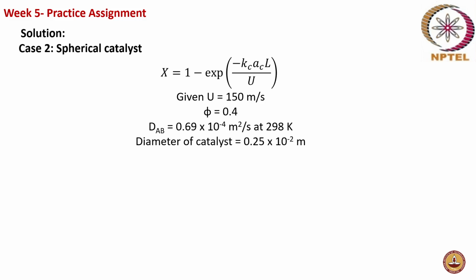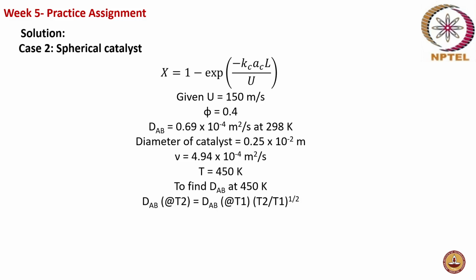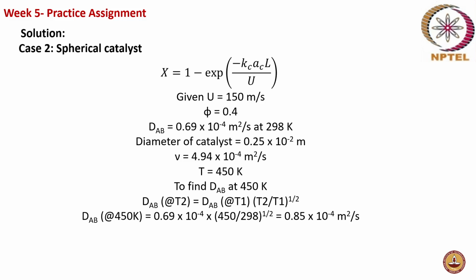Now the diameter of the catalyst is 0.25 into 10 power minus 2 meters. Kinematic viscosity is 4.94 into 10 power minus 4 meter square per second. Temperature is 450 Kelvin. The diffusivity DAB at 450 Kelvin is again not going to change from the previous case, so it is 0.85 into 10 power minus 4 meter square per second.